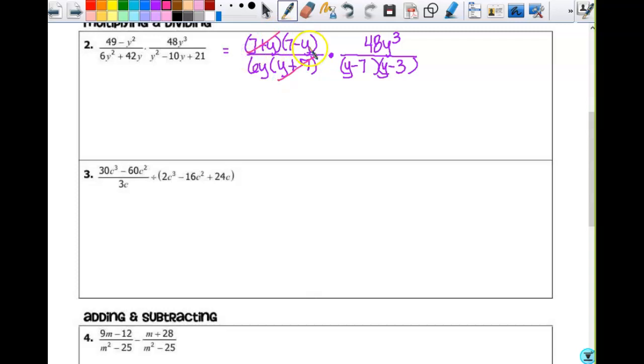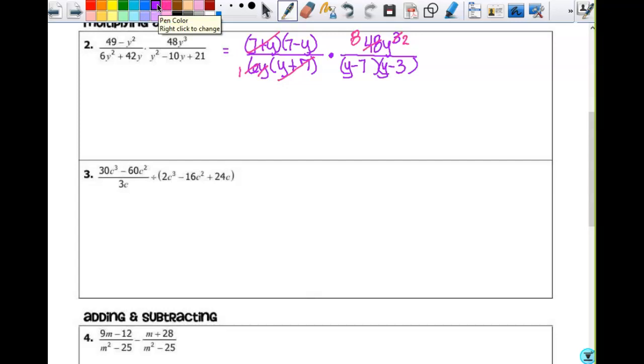Is 7 minus y the same thing as y minus 7? No. Think about it this way: if y is 10, 7 minus 10 is negative 3, and 10 minus 7 is 3. So they're not the same thing, so I'm going to leave them there for a minute. Then I'm going to see what else I can reduce. This 6 I can make 1 and it goes into 48 8 times. And then this y can reduce with these and make that y squared.